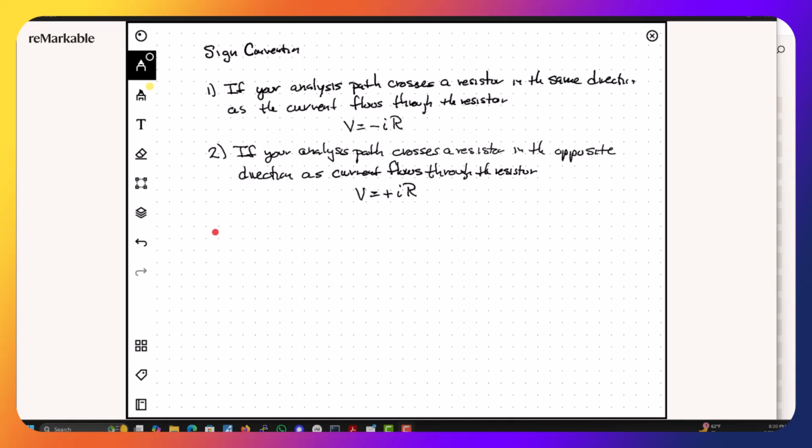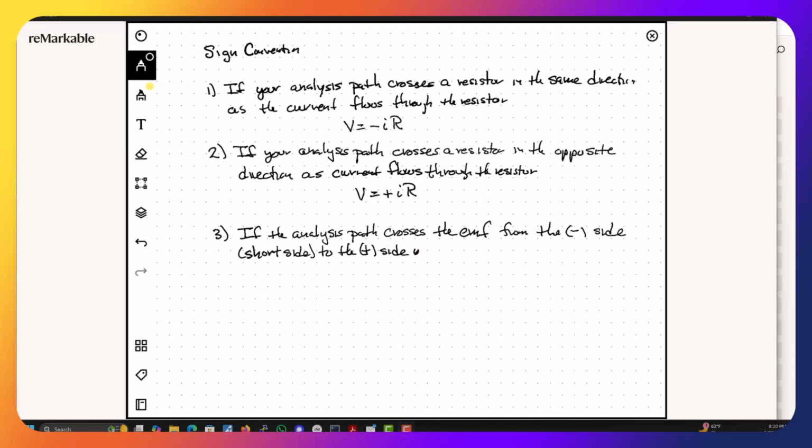So we really just have 3: if the analysis path crosses the EMF from the minus side, which is the short side, the short line in the symbol, to the plus side, which is the long side, the long line, V equals plus E.